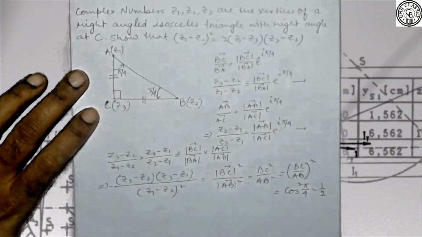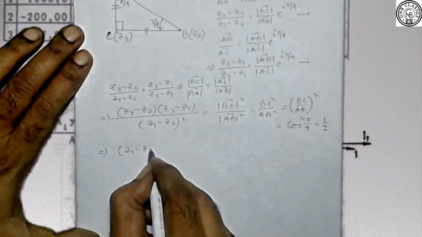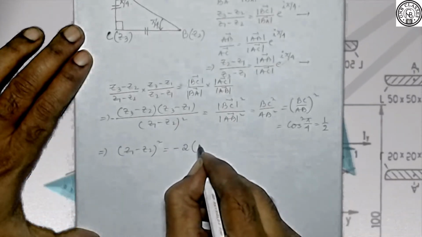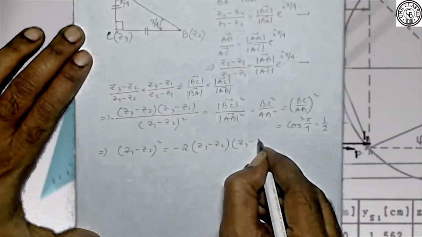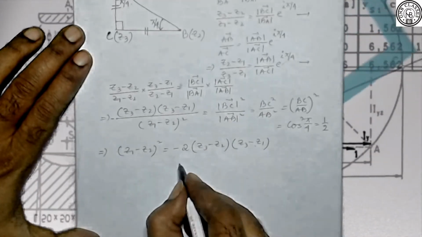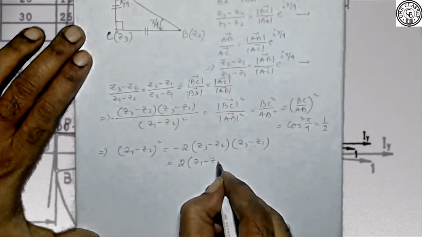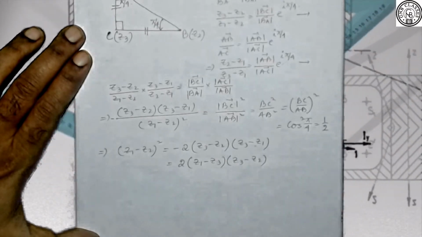Now if we cross multiply, what are we going to have? Z1 minus Z2 whole square equals minus 2 times Z3 minus Z2 into Z3 minus Z1. If I take a minus common, we are having 2 times Z1 minus Z3 into Z3 minus Z2.